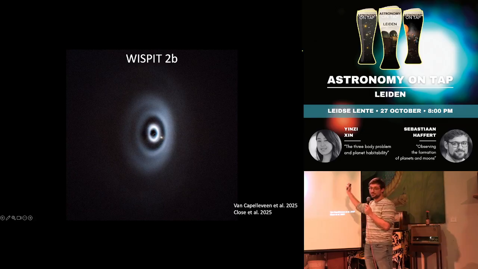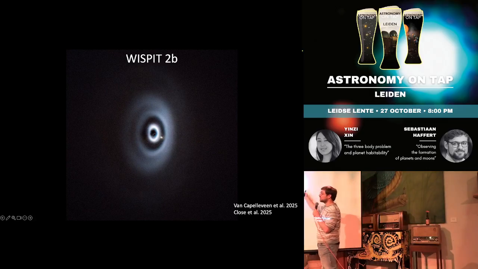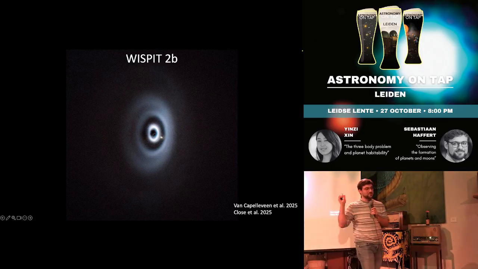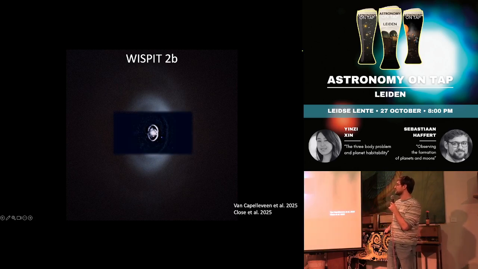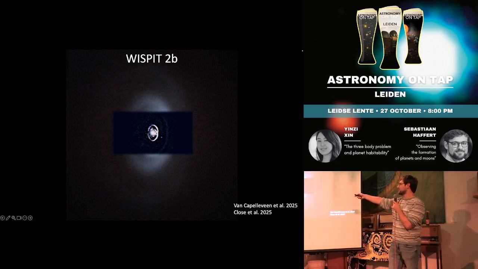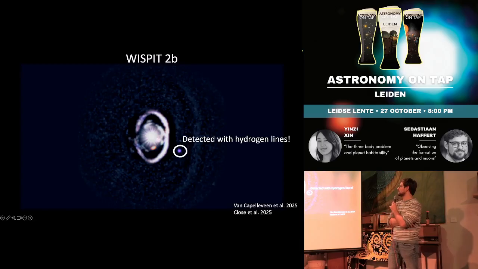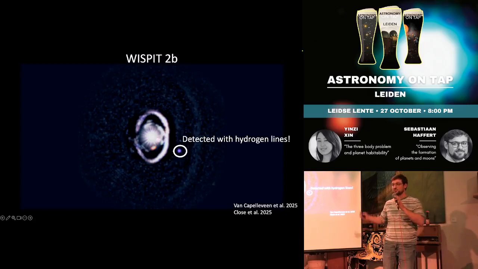But this is a very clear detection of a companion in a disk that's carving a gap. This is in infrared, scattered light. With MagAO-X, we looked at it in the hydrogen filter again, searching for that very specific accretion signal, and there it is. We detected it again in hydrogen. So this planet is definitely accreting and is growing its atmosphere. So it's also very young.